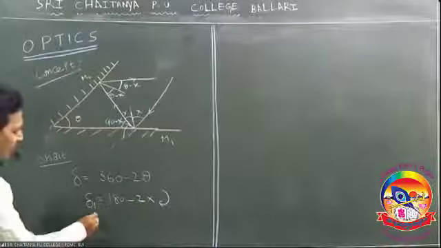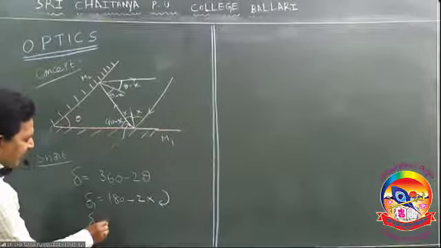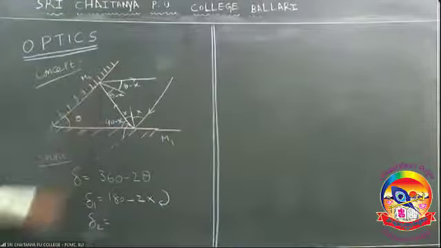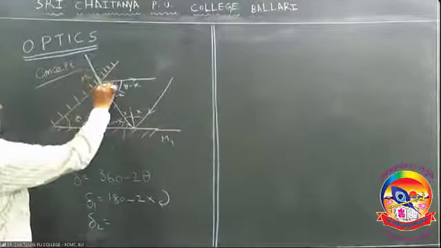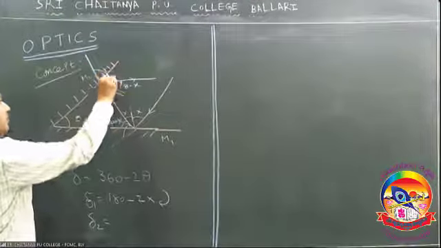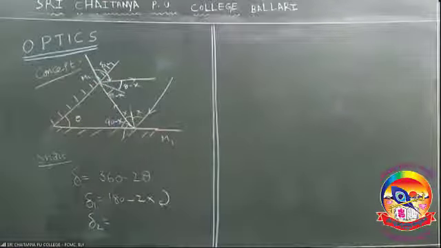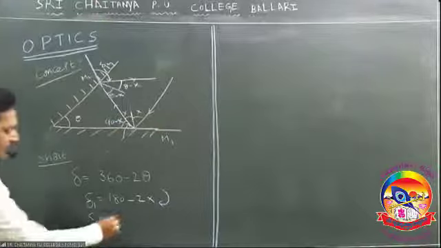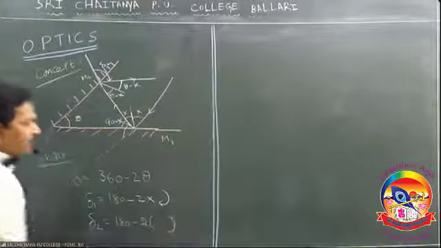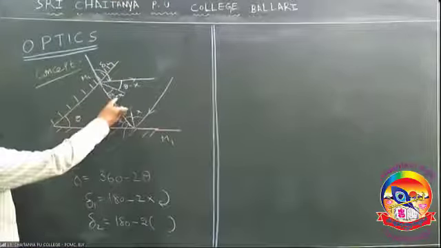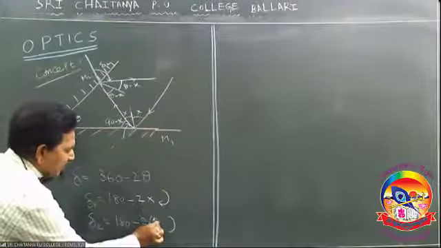Now I want to calculate delta 2, the deviation at the second mirror. This is the actual path. So this is delta 2. What is the delta 2 formula? That is 180 minus 2 into the angle of incidence. What is the angle of incidence at the second mirror? Theta minus x.